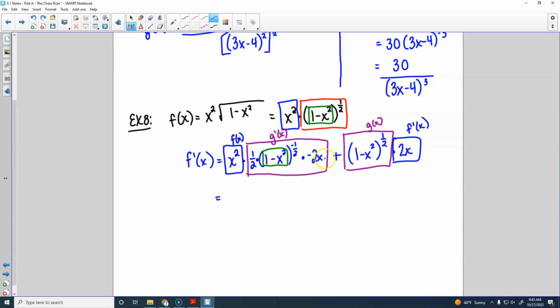And I've got 2 x's here and 1 here, so it's going to be negative x to the third over, I'm going to take this 1 minus x squared to the negative 1/2 and move it to the bottom, 1 minus x squared to the positive 1/2. And then over here, I'm just going to write it 2x, 1 minus x squared to the 1/2.